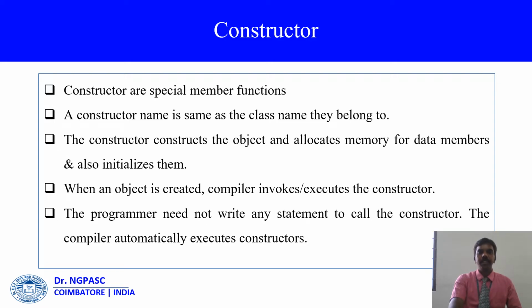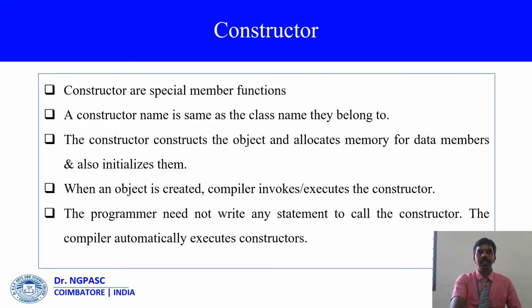The name of the constructor has to be the same as the class. Unlike other member functions, a constructor does not return anything, and it is not even considered as void.